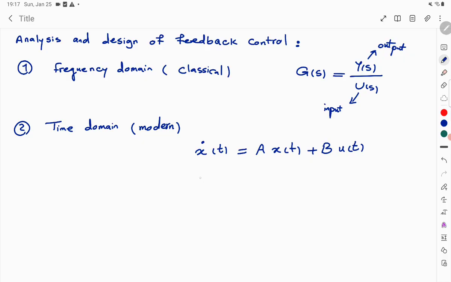And then we have another equation in this description, which is output, shown with y in terms of t, equal to C x of t plus D u. And normally D is 0.